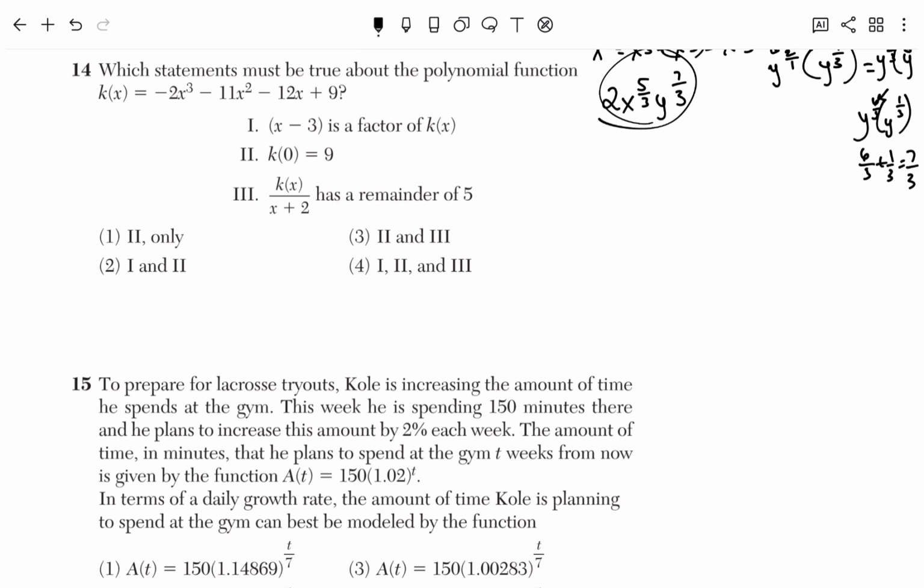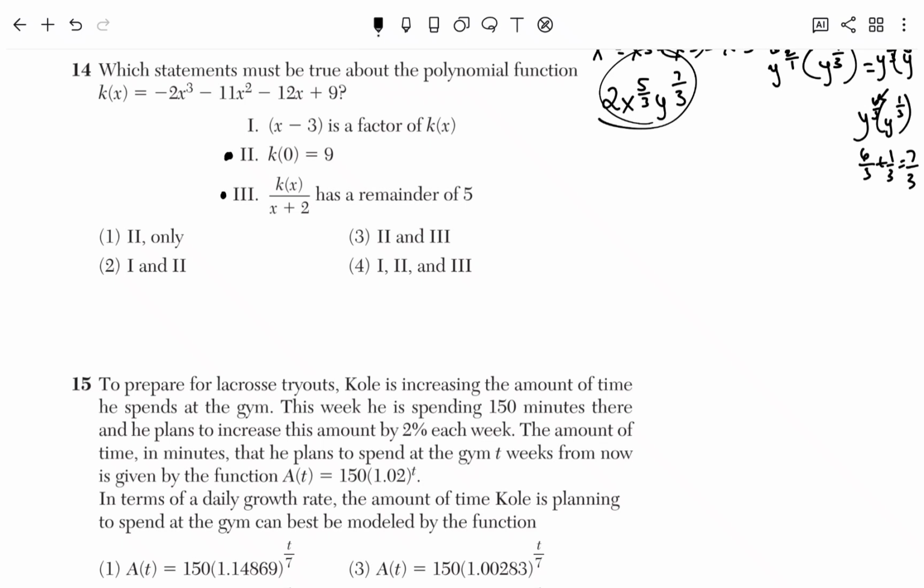So the ones that I want to test first are 2 and 3. Why, you may ask? Because they're the easiest ones to think of. So what I'm going to do is go into my calculator, and I'm going to store 0 for x.